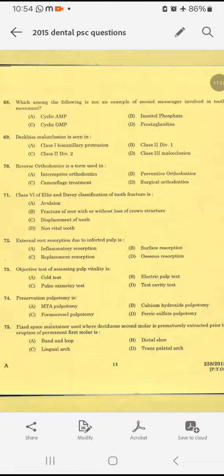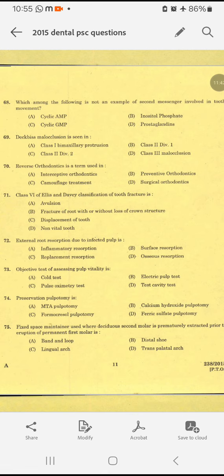74. Preservation pulpotomy is empty pulpotomy or calcium hydroxide pulpotomy or formocresol pulpotomy or ferric sulfate pulpotomy. Preservation pulpotomy is ferric sulfate pulpotomy. 74D. Ferric sulfate pulpotomy. 75.